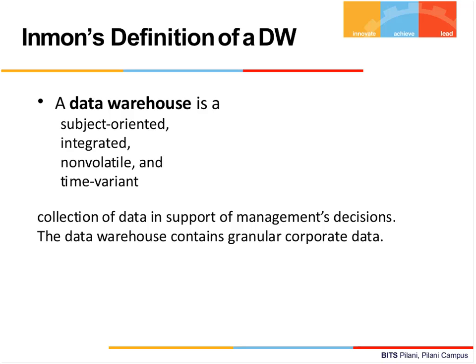But again, normalization is critical for a transactional processing system because we don't want to have duplicate records. Coming to the data warehouse, that restriction is gone because we don't update anything on the fly in the data warehouse, as we discussed in the last lecture.